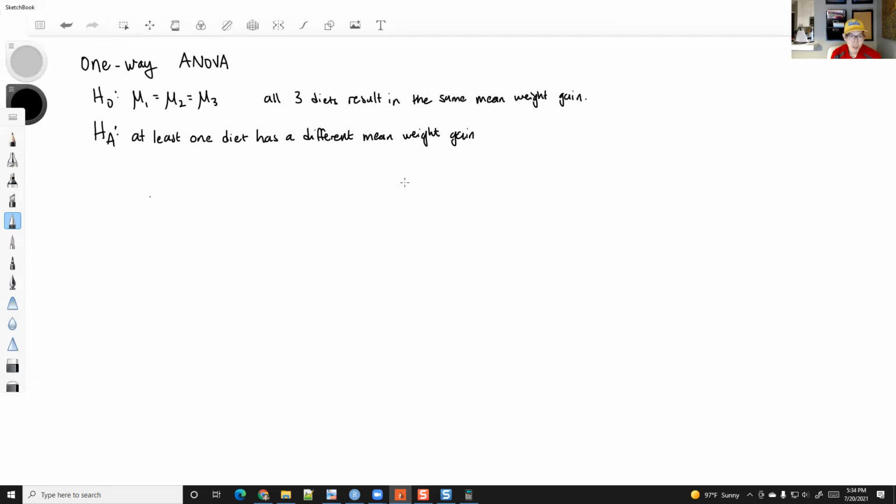So from the previous page, our F ratio is 0.771.